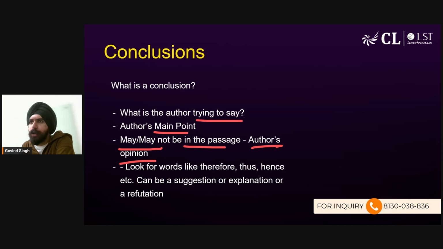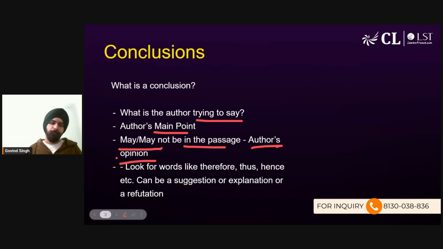The author might be telling you how the particulate matter 2.5 is increasing, how the government is not taking adequate measures to reduce air pollution, how vehicular pollution is a big contributor to pollution in Delhi, how the odd-even policy is not that effective. So all of these are premises, but all of these premises are leading up to one conclusion, which is the author's point that air pollution is not being addressed properly in Delhi. It was not explicitly given, but you could understand it from the statements, correct? So it may or may not be present in the passage or in the statement.